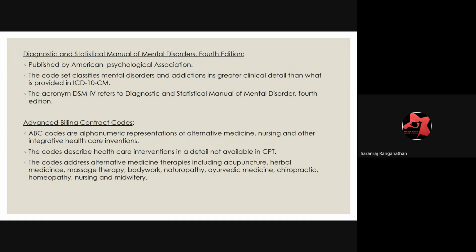So ABC gives more information than the CPT. The codes address alternative medicine therapies, including acupuncture, herbal medicine, massage therapy, body work, naturopathy, Ayurvedic medicine, chiropractic, homeopathy, nursing, and midwifery.